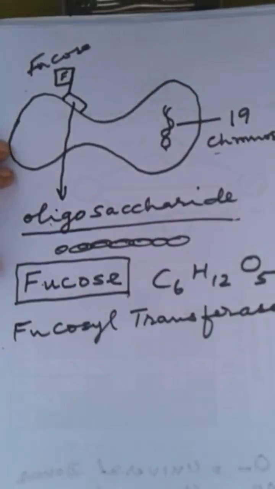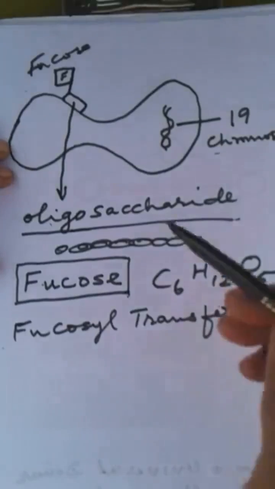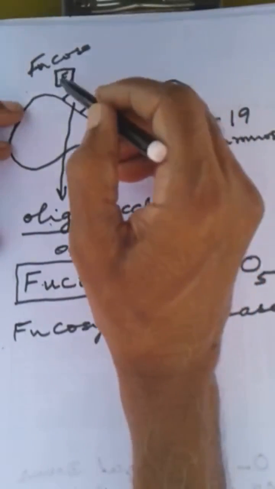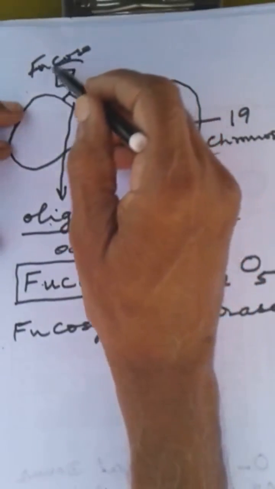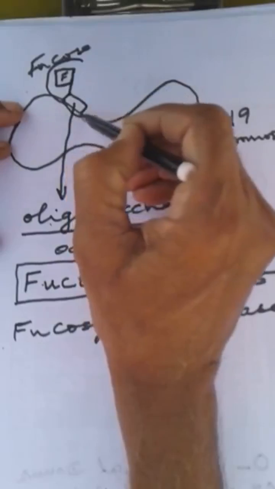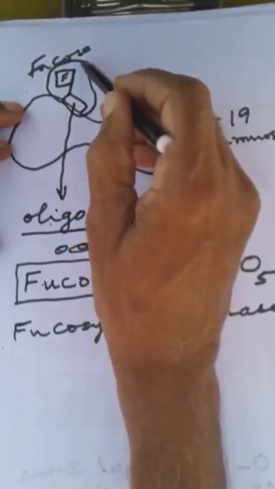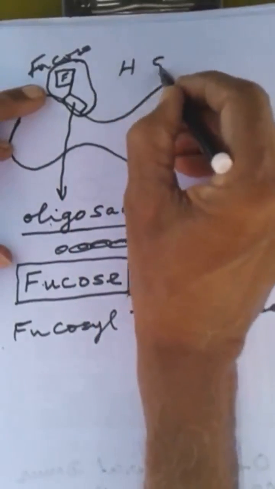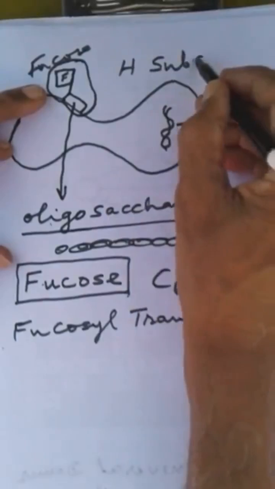So, this oligosaccharide plus the fucose, this total substance, is called H substance.